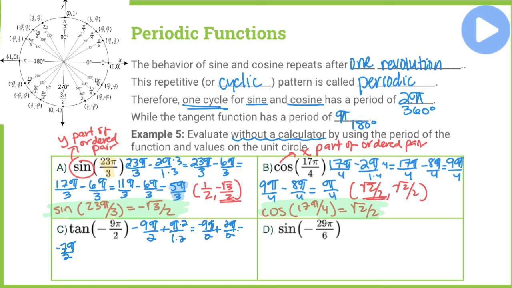That value is too small, so we need to keep adding 2 pi over 2. Negative 5 pi over 2. Negative 3 pi over 2.